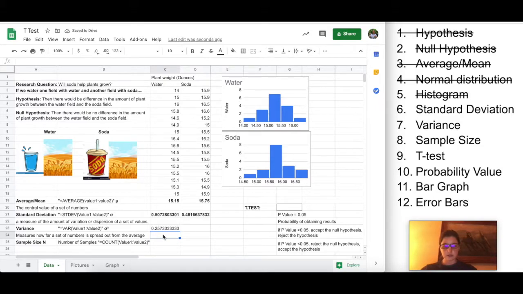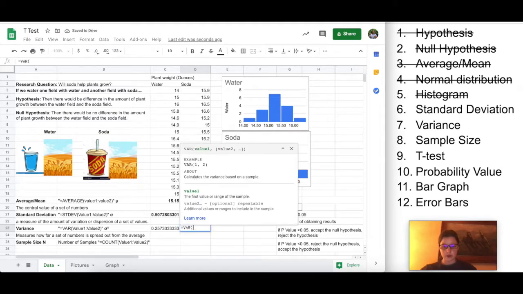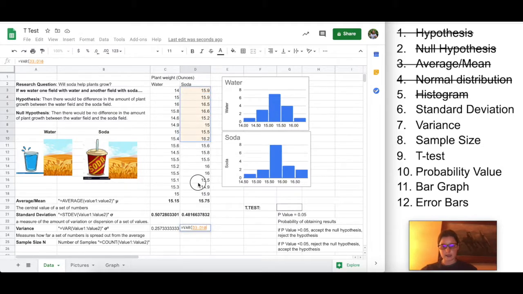Another way that you could do it is you could do equals var, or variance, and then you could highlight the sample that you want to take the variance for, and look, we get the same number. So then I'll also do that over here, equals var, and then I'm going to highlight it once. Now this is the variance for the water and the soda.